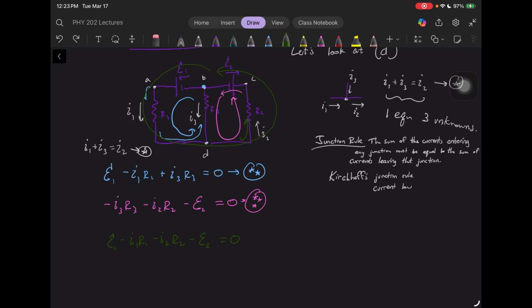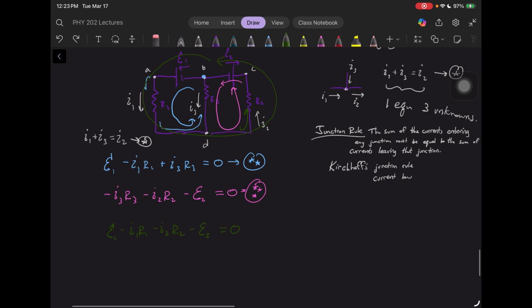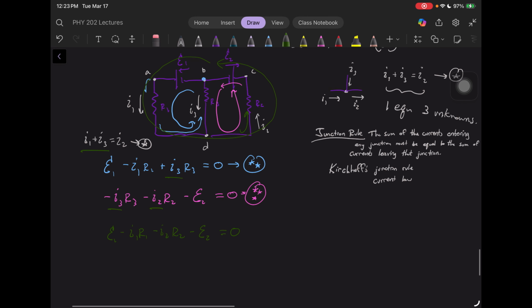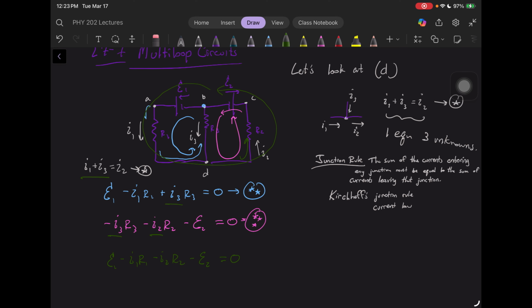Okay. And so now what we can do is, in the interest of time, I'm not going to go through all that algebra right now, but plug in I2 is equal to I1 plus I3 wherever we can. We plug that in there, maybe solve this whole thing for I3, and then plug that into here, and then we can solve for I1, if we knew the E's and the R's, right?